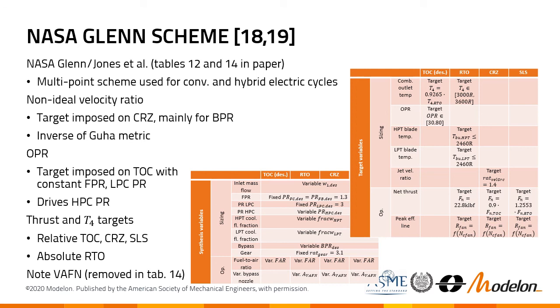To the right, we again see the synthesis matching table and the suggested notation. Should also note that the coded reference contains a variable area fan nozzle, which was discarded for the results generated here to yield an apples-to-apples comparison.